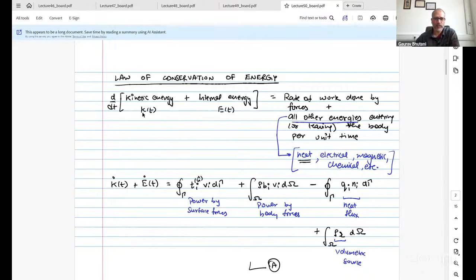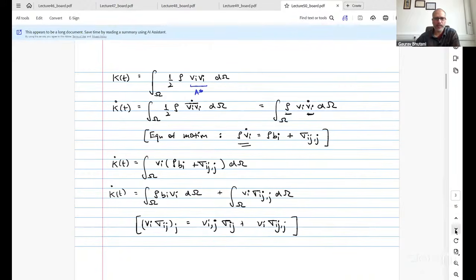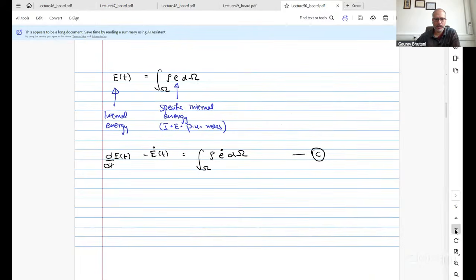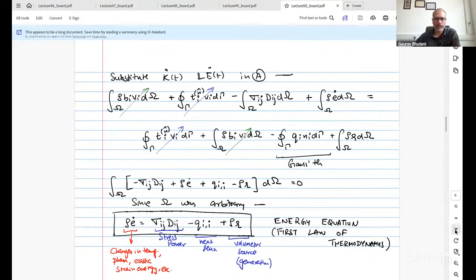The system may move faster. If you express that in mathematical form, this results in the energy equation, which is also called the first law of thermodynamics.